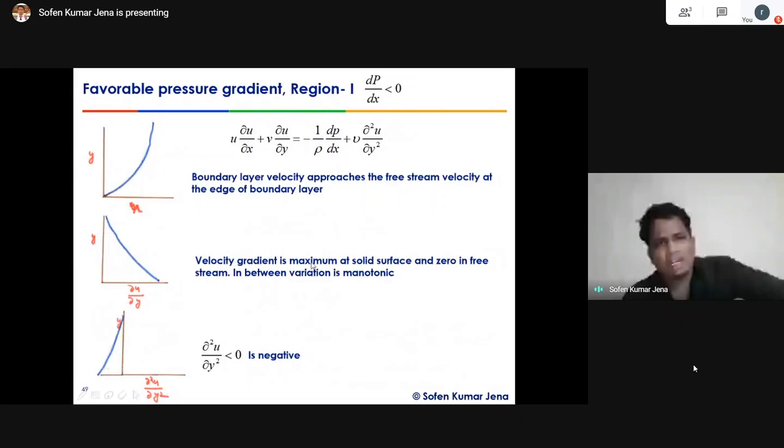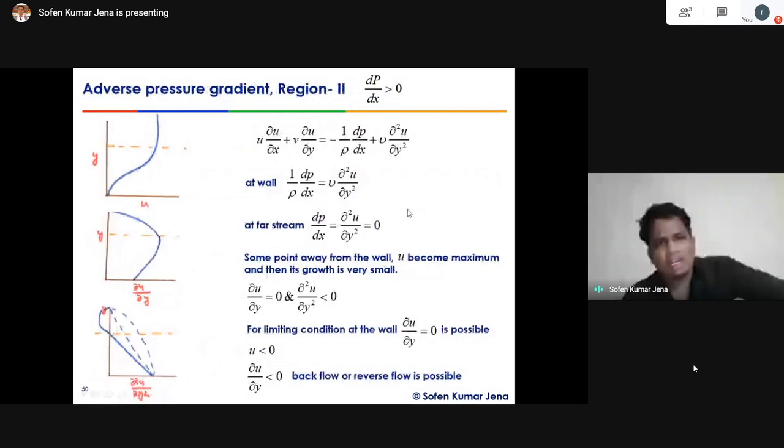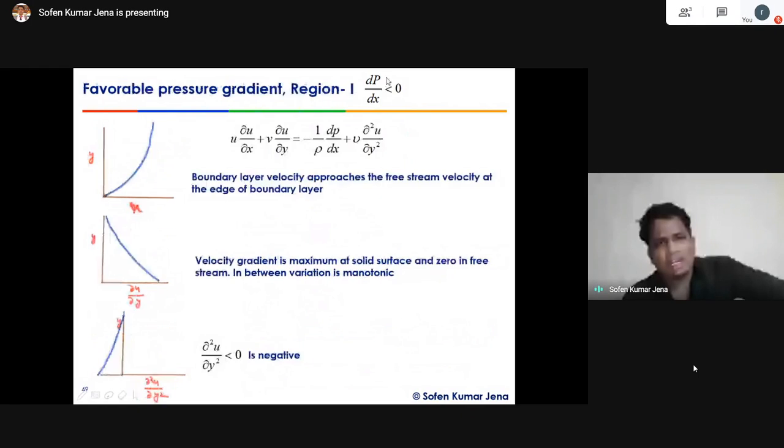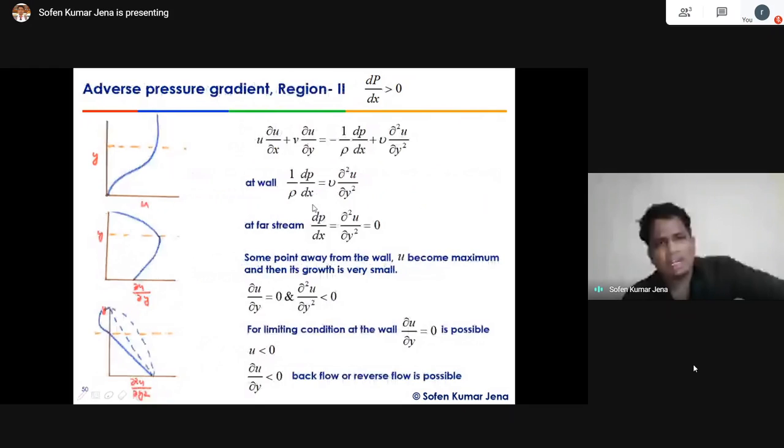If del square u by del y square is negative, then the pressure gradient, which is nu del square u by del y square, is negative at the wall. That's why any pressure gradient less than 0, or any negative pressure gradient at the wall, is called a favorable condition, right? So what is the unfavorable condition?